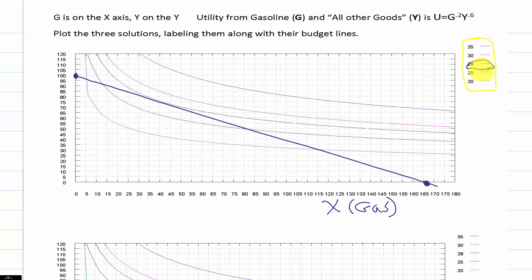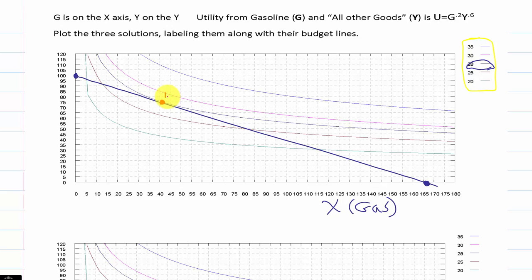Our solution was 75 Ys and 41.67 X's. So let's graph that point. A little bit more than 40 on the X, and about 75 on the Y. That looks like it checks out, and it looks like the slope of the budget line is equal to the slope of the indifference curve at that point. Okay, so this is our solution number 1.